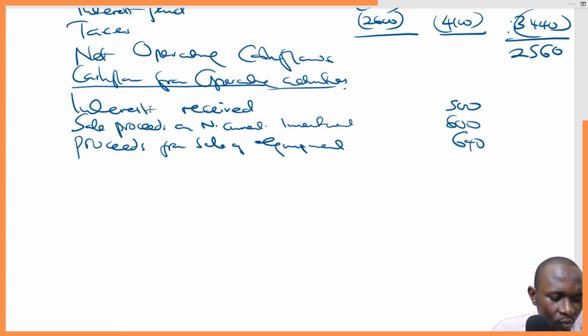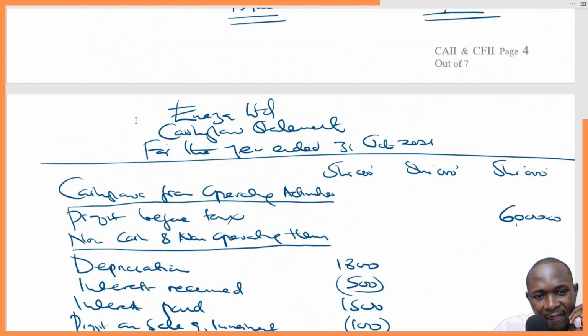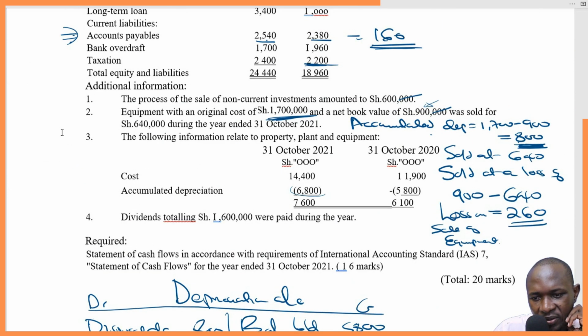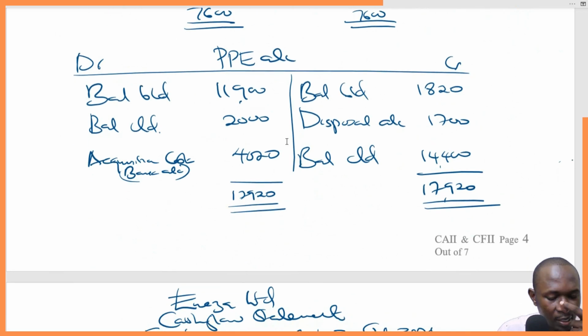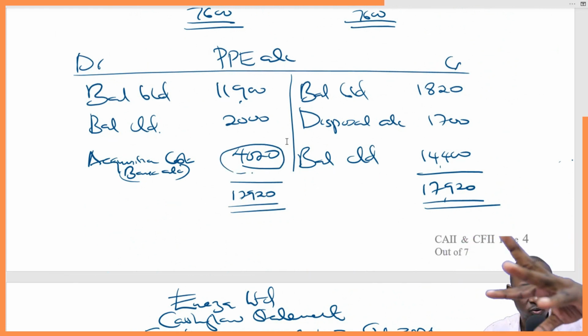Then we'll also have something here. I think we agreed that we acquired assets. When you acquire assets, money goes out. When you sell assets, money comes in.